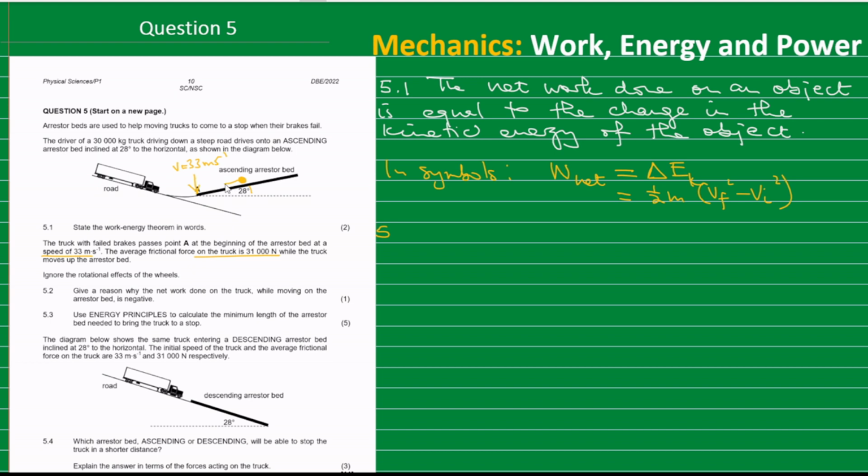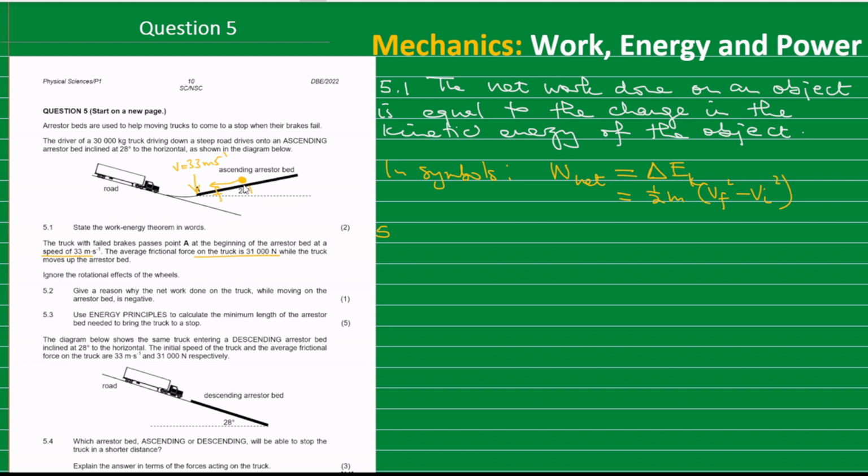One is the frictional force. Remember that frictional force always acts opposite the direction of motion. So there is a frictional force, and it will be acting downward because our truck is going up the incline, up the arrestor bed.